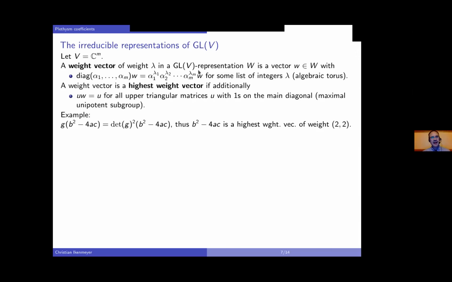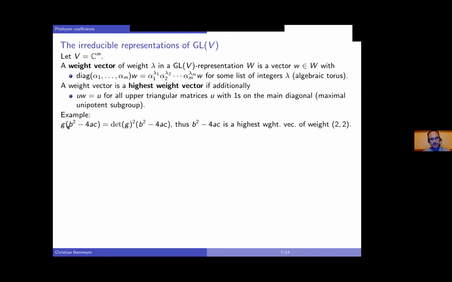And a vector is of highest weight if additionally you have that if you act with an upper triangular matrix that has ones on the main diagonal, then it's fixed under that. So this is a bit of a tough definition here. Let me give you this example.